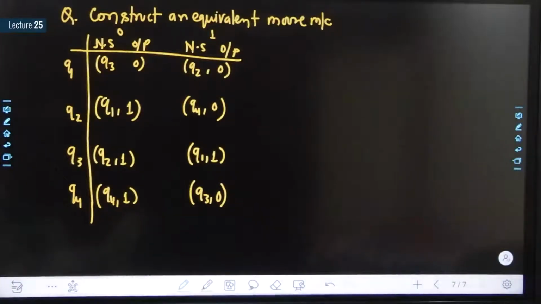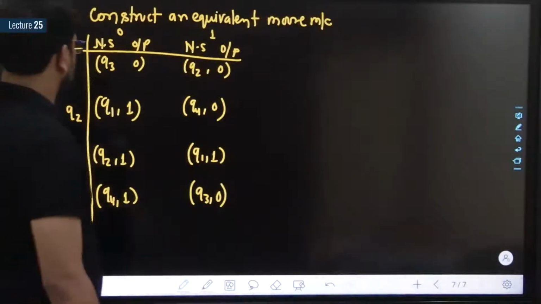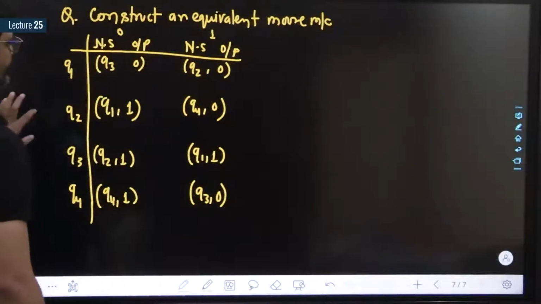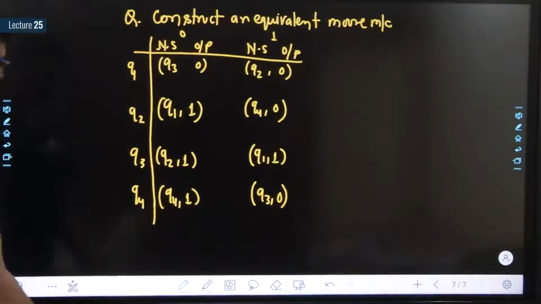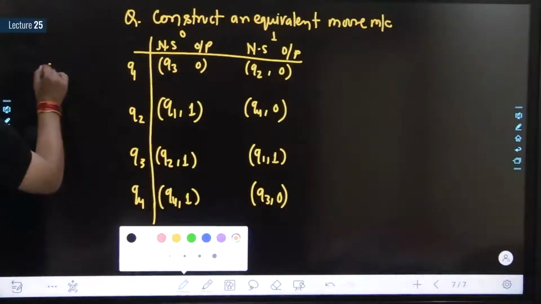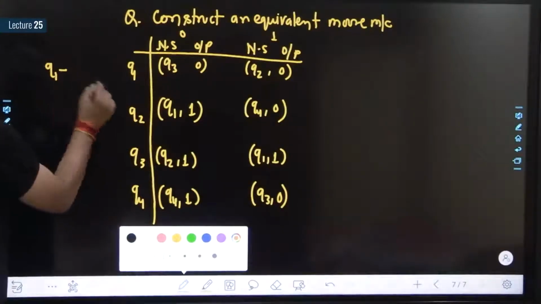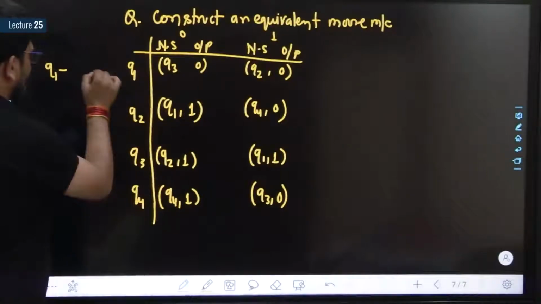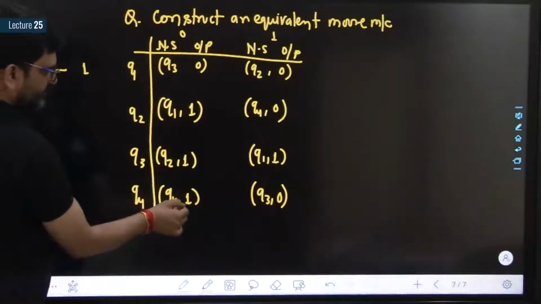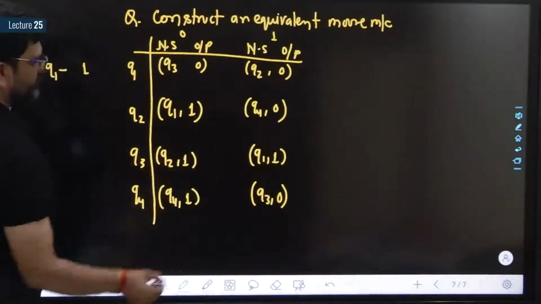Have you done this? See, what are the outputs associated with the states? Q1: is there any output associated with Q1?